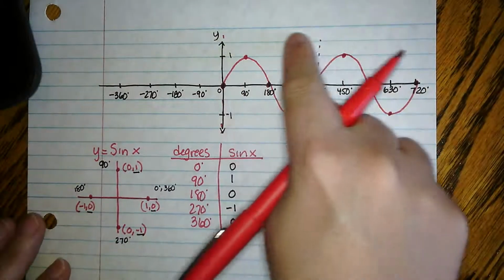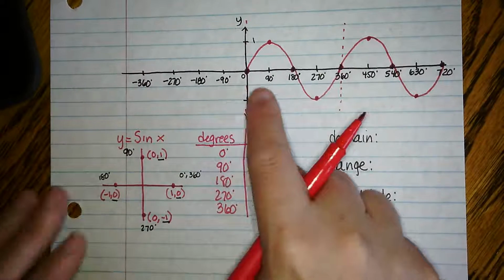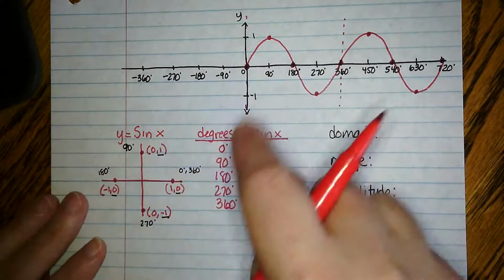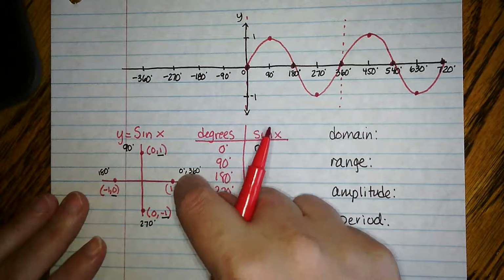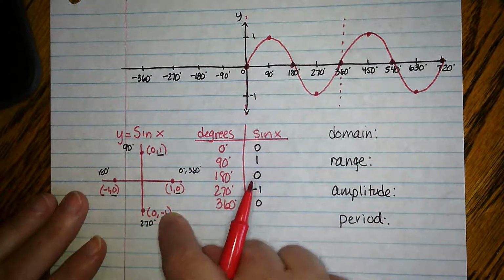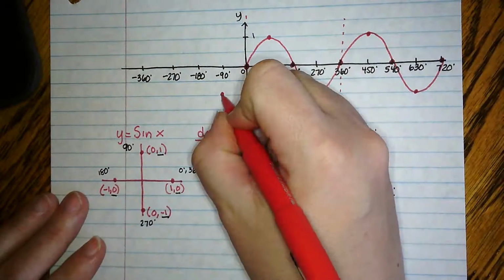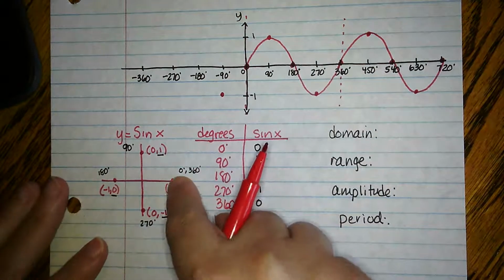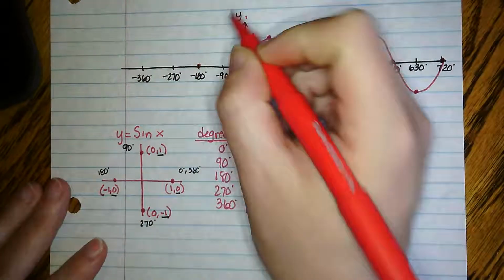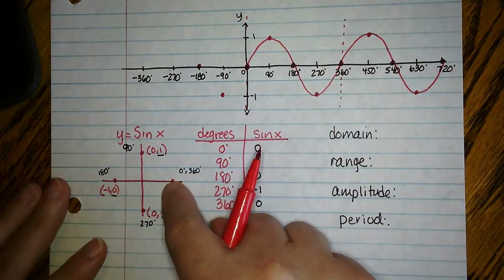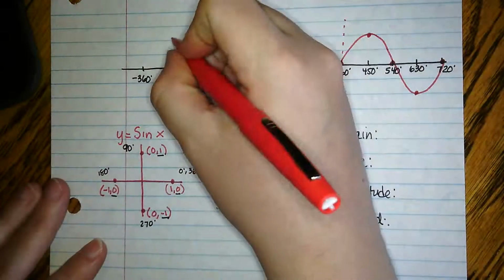Now, if I'm going to fill out this end, remember that negatives mean that we're going clockwise. So we would start here, and -90 means we're going to go 90 degrees clockwise. That means I'm going to be at 270, which is a -1. -180 means I'm going clockwise 180 degrees, so I'll be at 0. -270 means I'm going clockwise 270 degrees, which makes it 1.